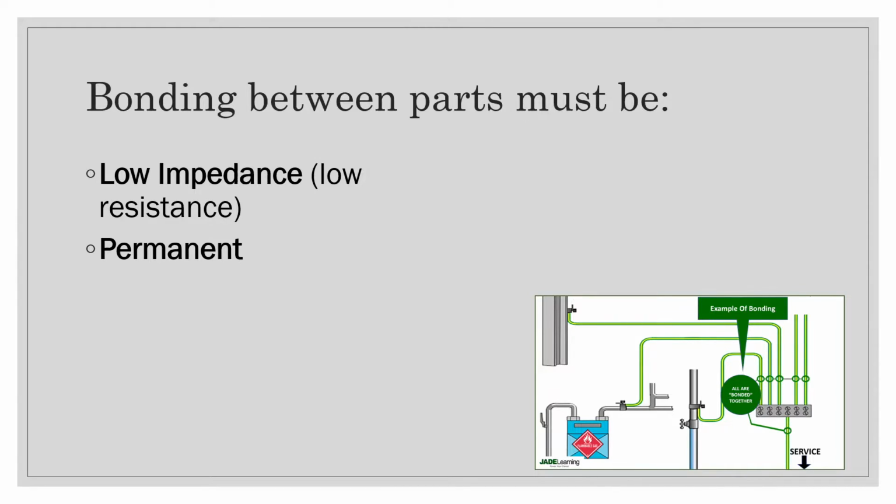But when we do run a bond through EMT is where it is touching concrete or outside and touching the ground, and that's because the metal can be eaten away, and then we might no longer have that permanency of our path back to ground.